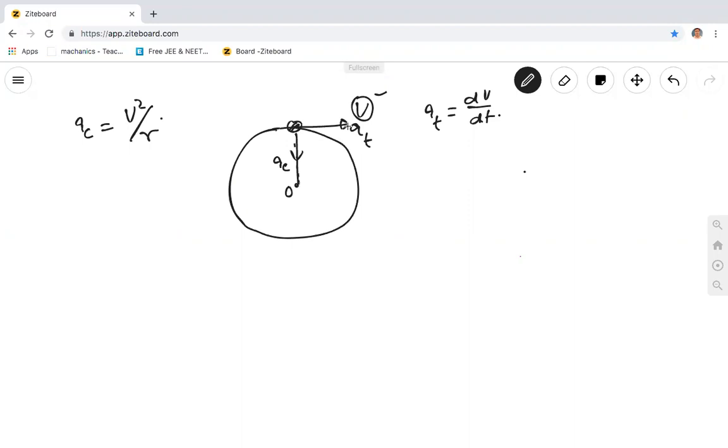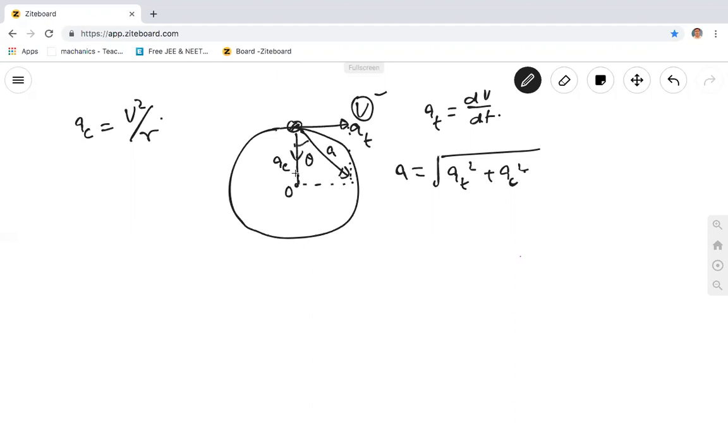In non-uniform circular motion, there are two accelerations, AT and AC. So what is the net acceleration? The net acceleration is the resultant of these two accelerations, that is a, and a is equal to root of AT square plus AC square, because it is the resultant of these two rectilinear components. What direction does this a make with the radius vector?